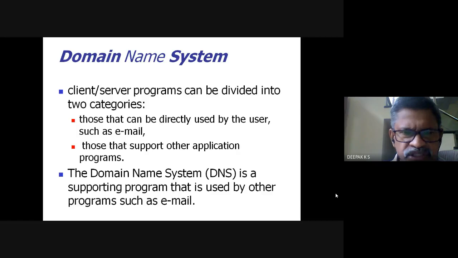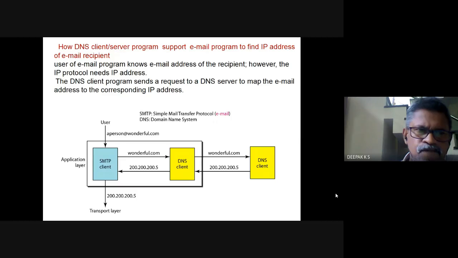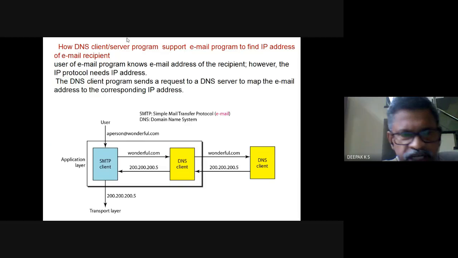Those programs can be divided into two: those which can be used directly by the user, like email, and those that support other applications. So DNS is a supporting program that is used by other programs such as email. The DNS client server program supports the email program to find the IP address of an email recipient.